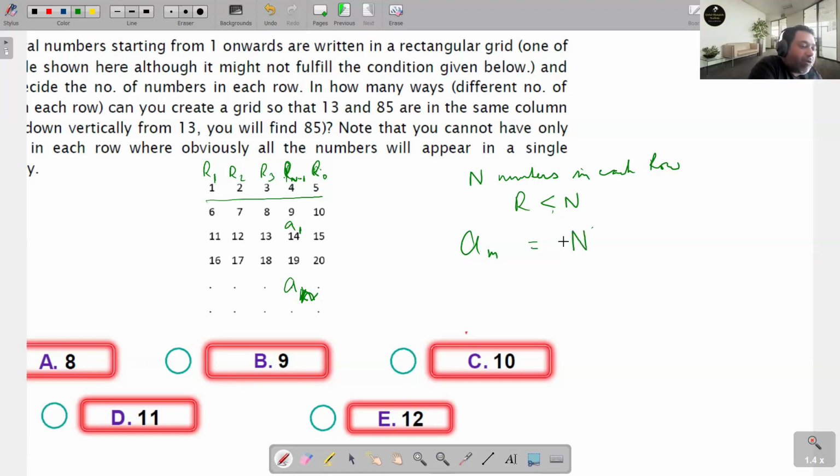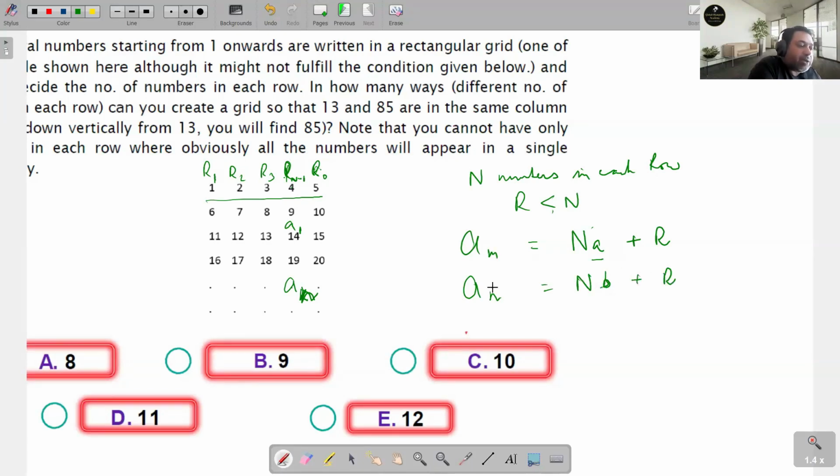So let's say that the value of am is n times some quotient a plus r, and an is equal to n times some b plus r.